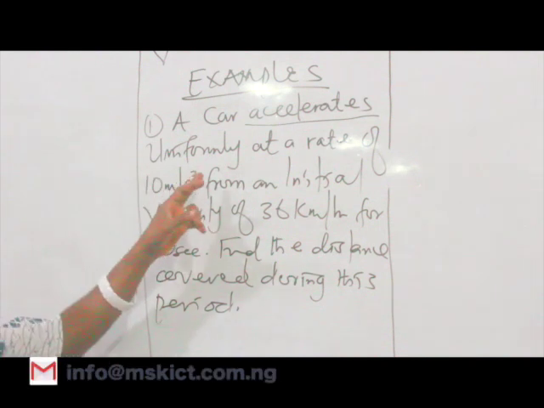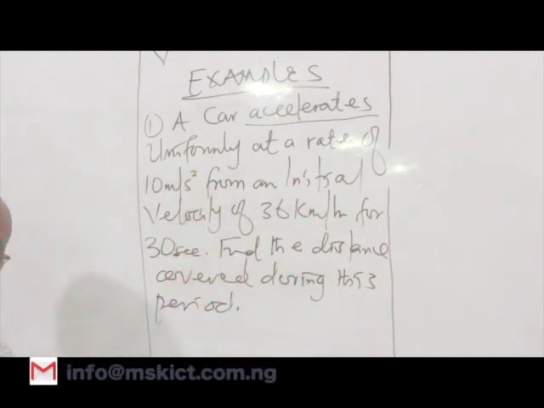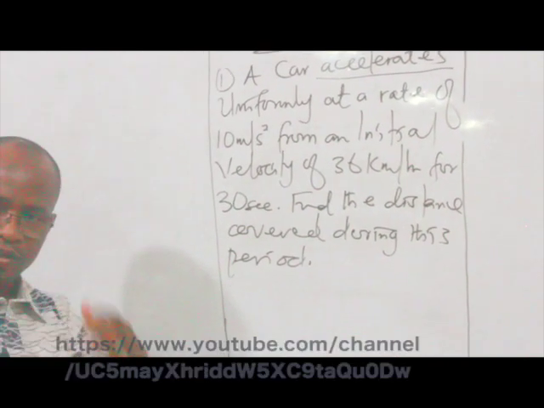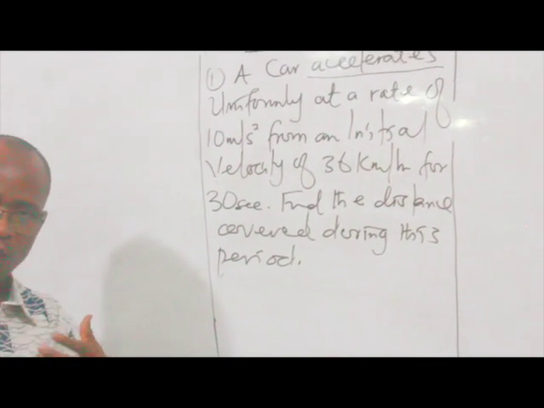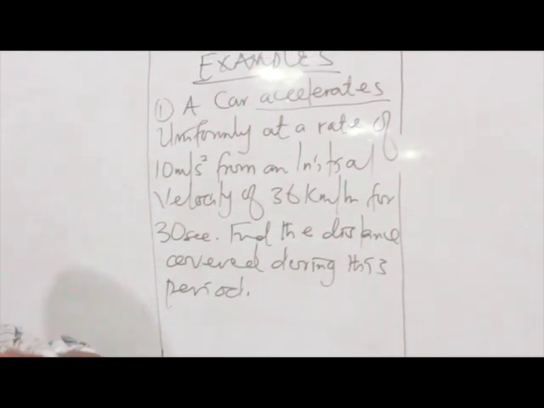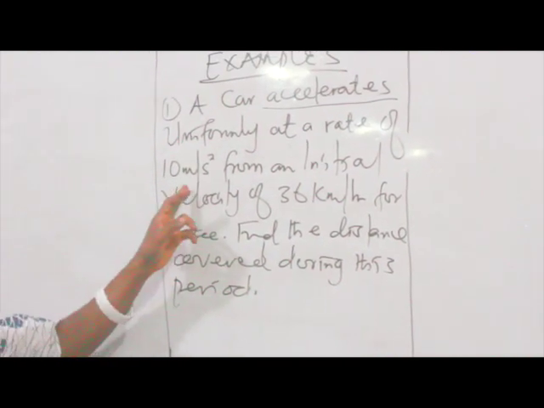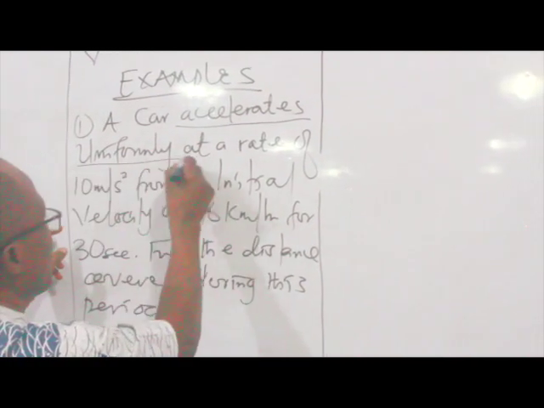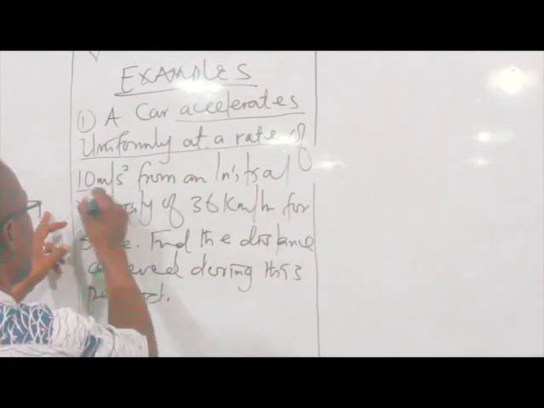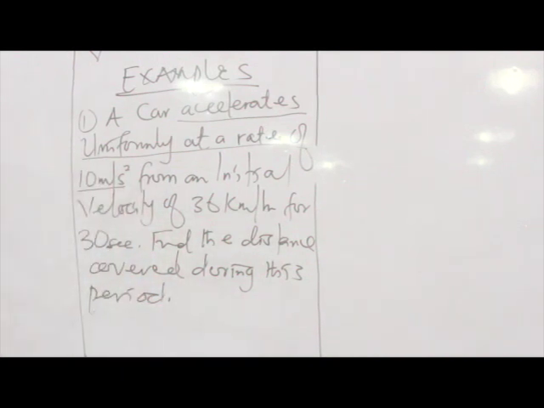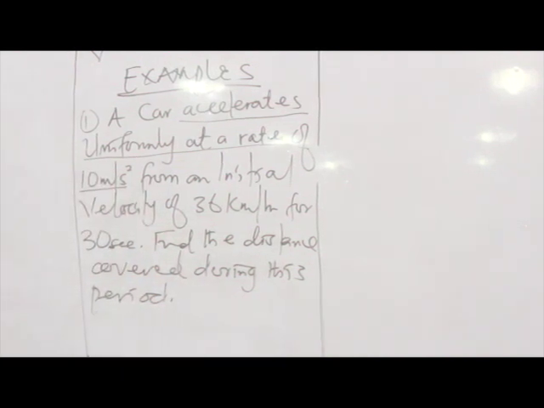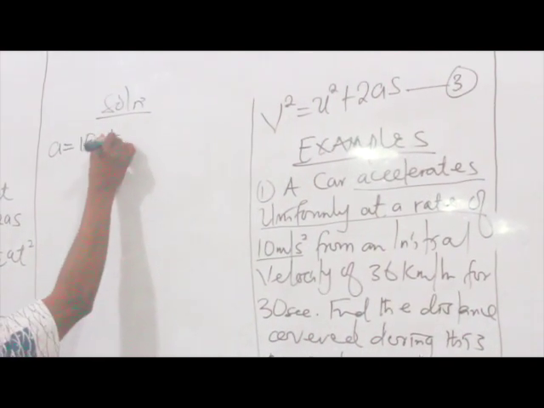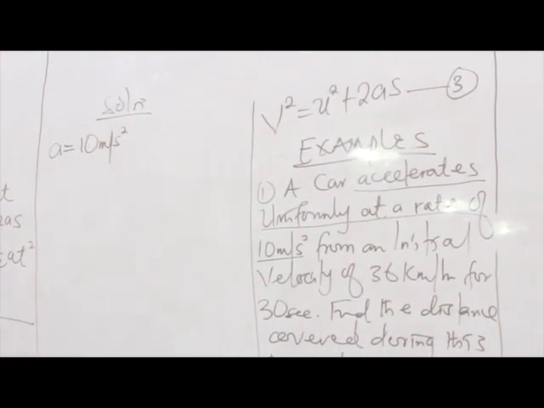Uniformly, being uniform acceleration, means that whenever the velocity changes by equal amounts in equal time, no matter how small the time may be, then the acceleration is said to be uniform. Uniformly at the rate of 10 meters per second squared. So the solution comes here. That tells you that A equals 10 meters per second squared. That is the first parameter.